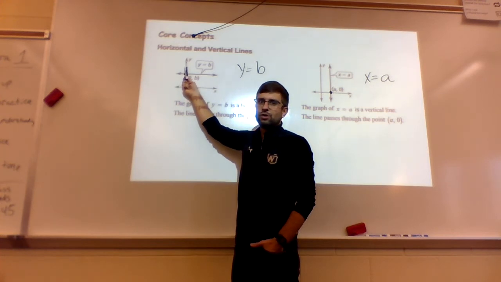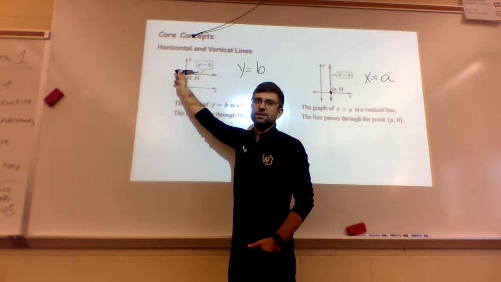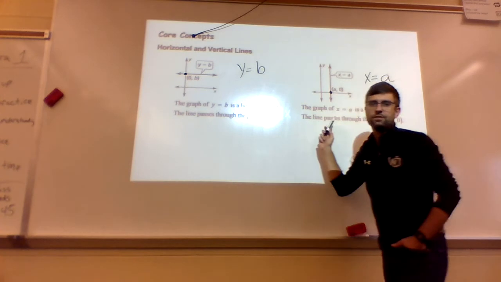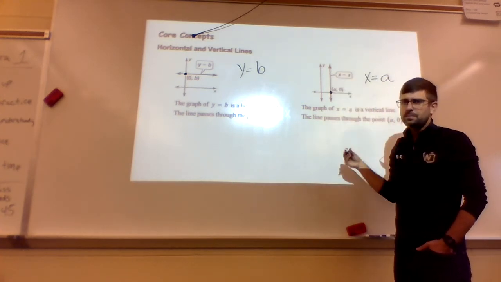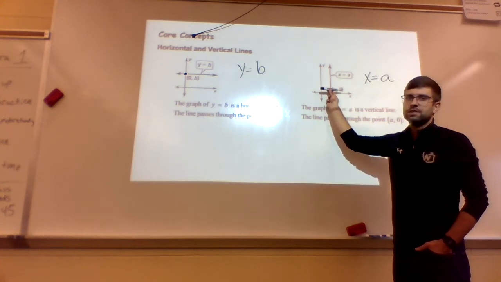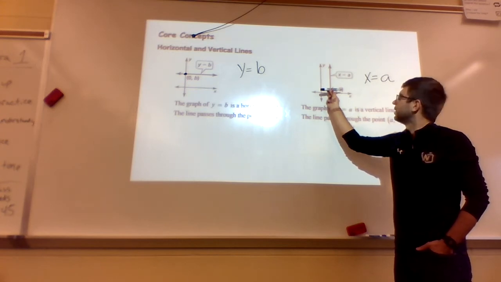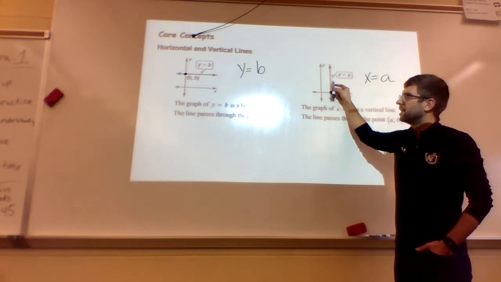And because I'm trying to create a new line, I know I need to go horizontally. The same idea works over here. After I plot my x-intercept, I ask myself, am I trying to make a horizontal line, which would just be the x-axis, or am I trying to create a new line? Since I'm trying to create a new line, the only way to make that is to draw something vertically.